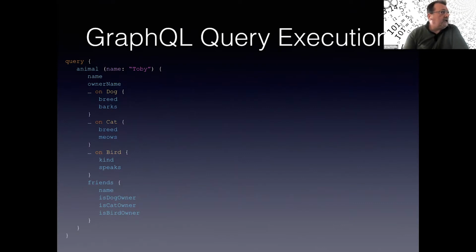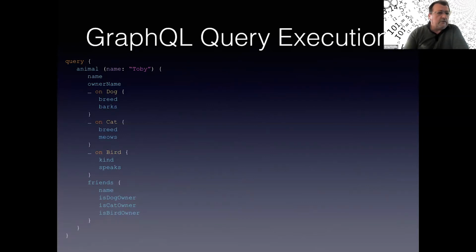In case the returned animal is a dog, we want the dog specific fields. In case the animal is a cat, we want the cat specific fields. In case it is a bird, we want the bird specific fields, and also we want to query for the friends of that animal. So let's look at how the standard query execution goes.